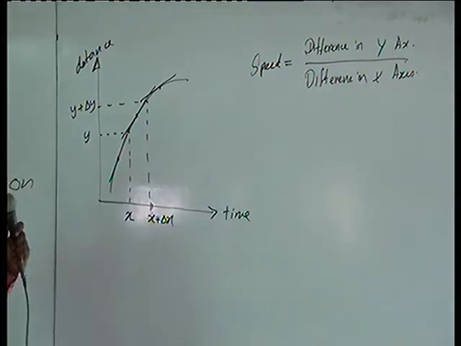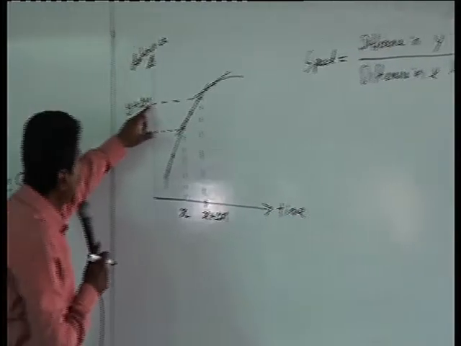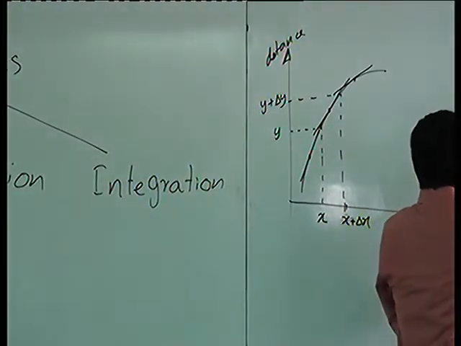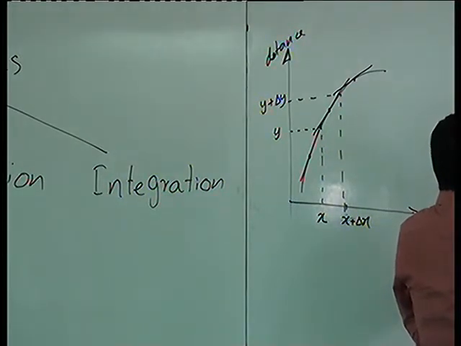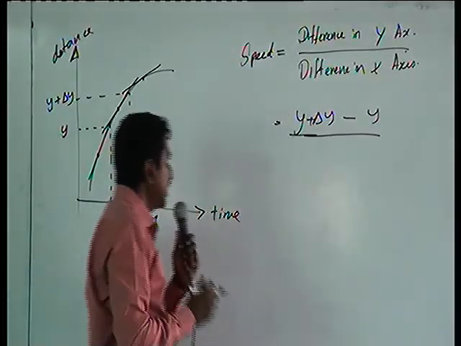So what is the difference in the y-axis? Look at this one: y plus delta y minus y, divided by the difference in the x-axis.